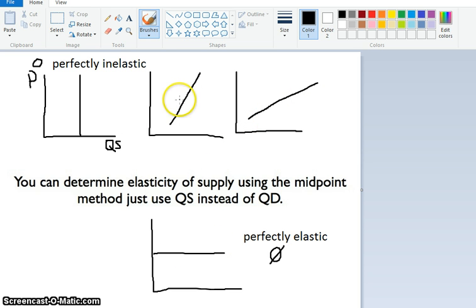These ones here are relatively inelastic and relatively elastic supply curves. But the perfectly inelastic supply curve looks just like a perfectly inelastic demand curve. Same thing for perfectly elastic. So the idea works exactly the same. And you can use the midpoint method to calculate these just like you would with the price elasticity of demand.